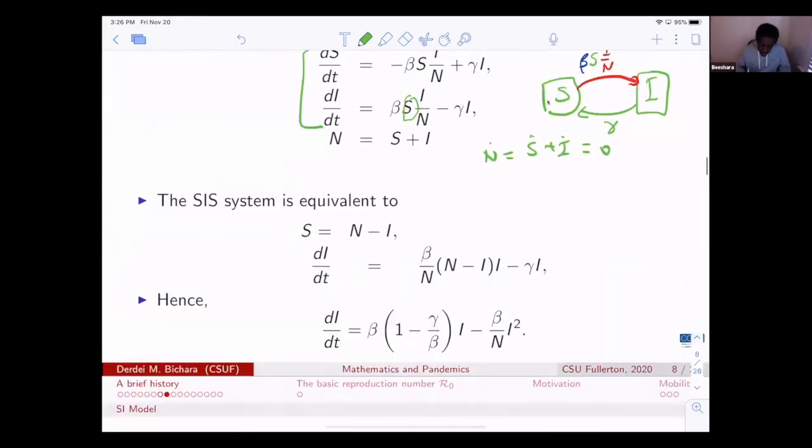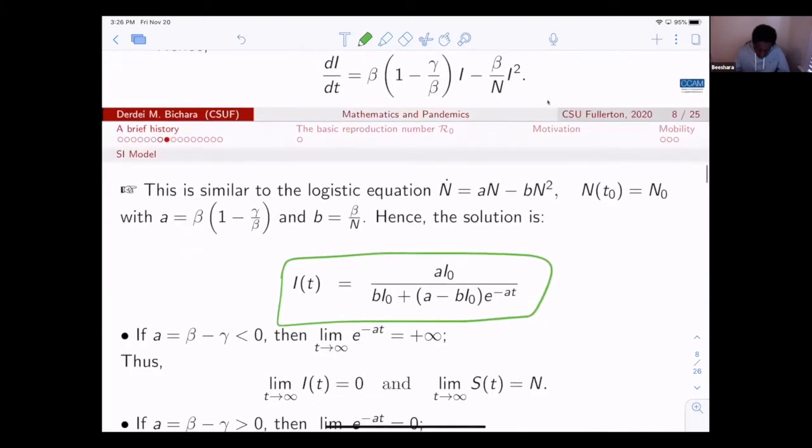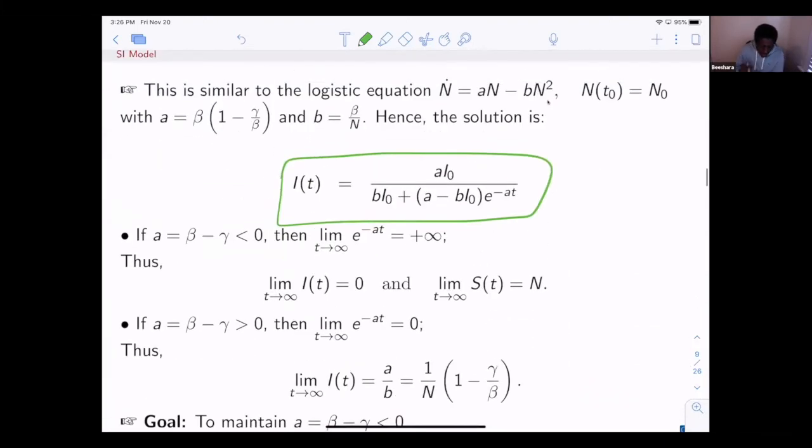Now, this is a nonlinear differential equation, and it's difficult to solve. But if you remember, we said if A is positive, that implies the limit as t goes to infinity of I is equal to A over B. But if it is negative, what do we get?